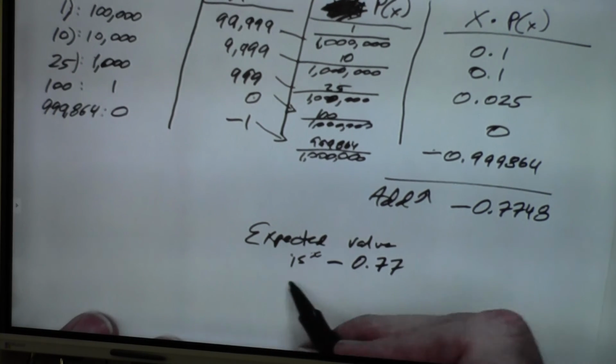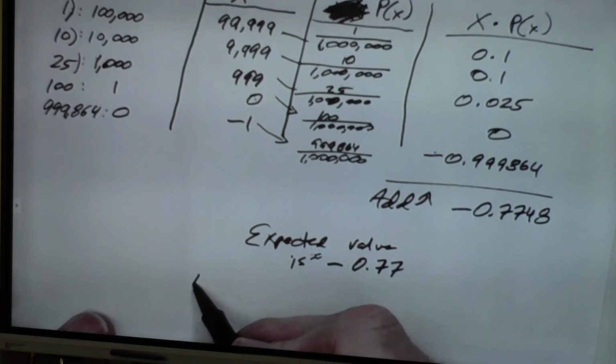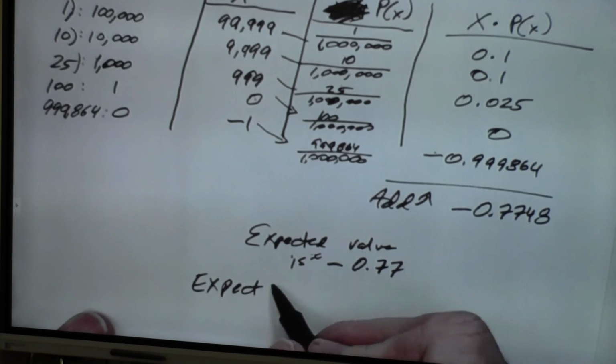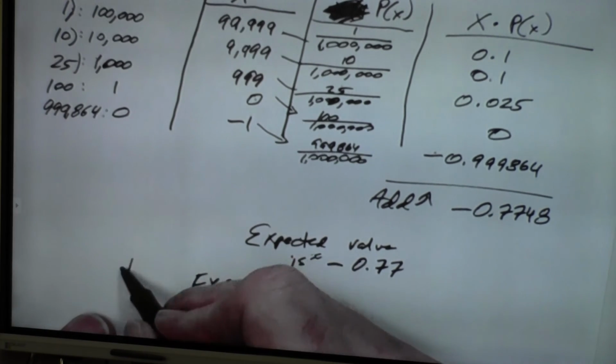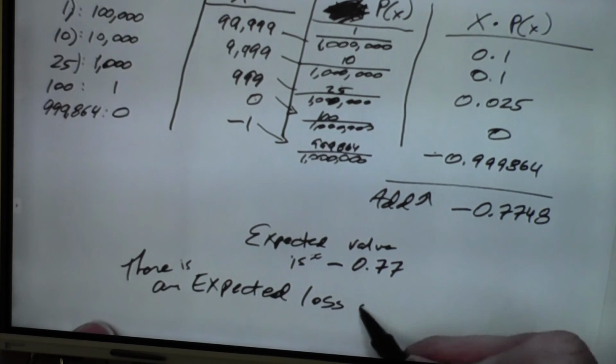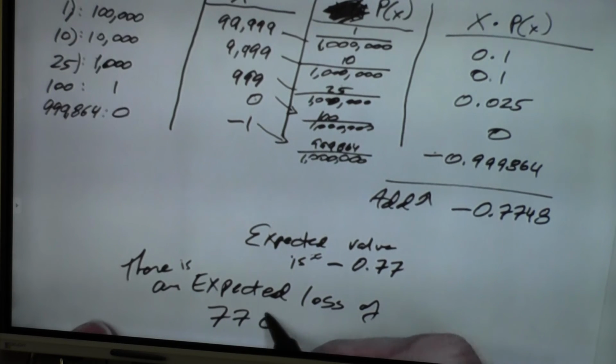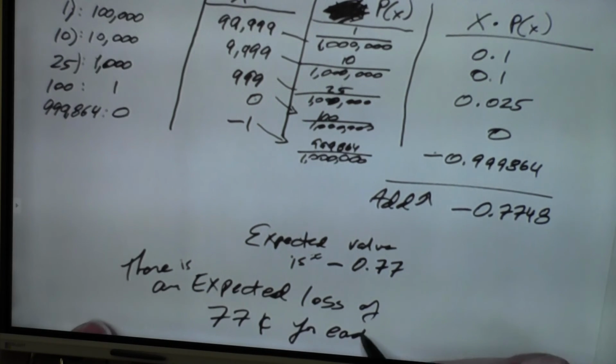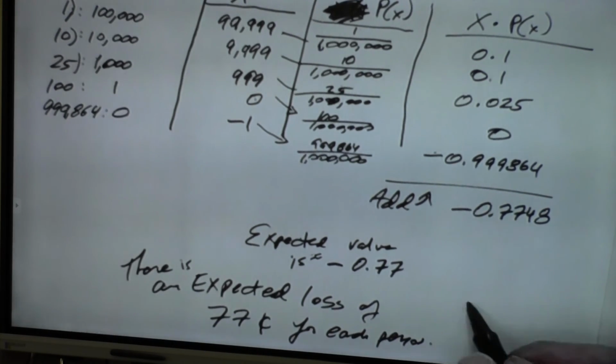So it means the expected value. So really, there is an expected loss of 77 cents for each person.